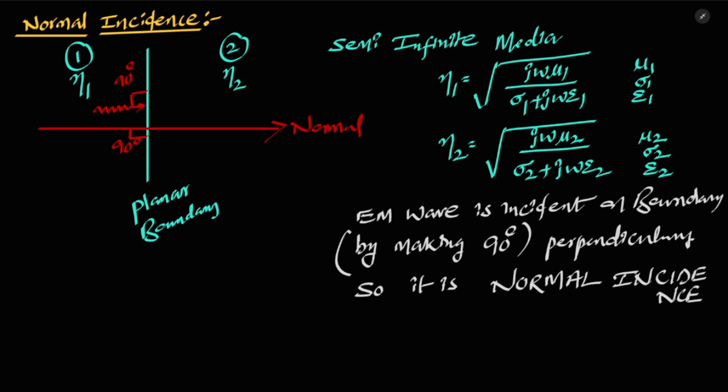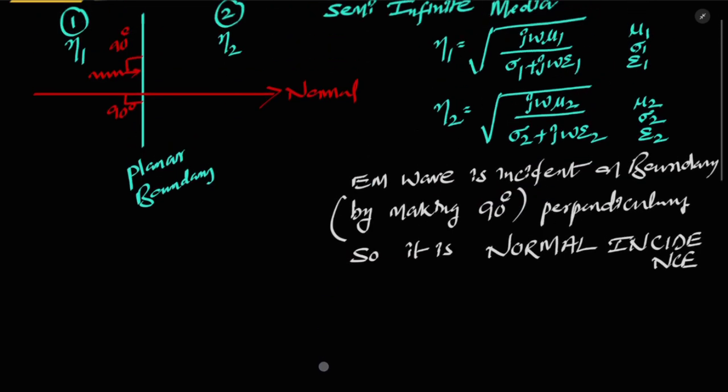Whenever this happens, a certain portion of the incident electromagnetic wave will be transmitted into medium 2 and something will be reflected into medium 1. So we have to see the condition for this reflection. Can we have only complete transmission without any reflection, or only reflection without any transmission? All these things we have to see.